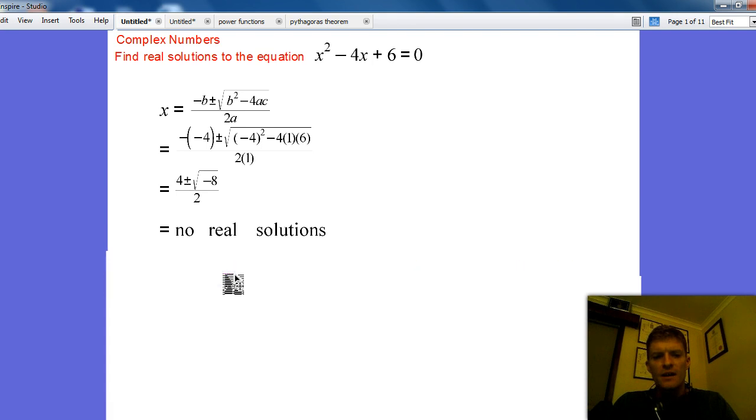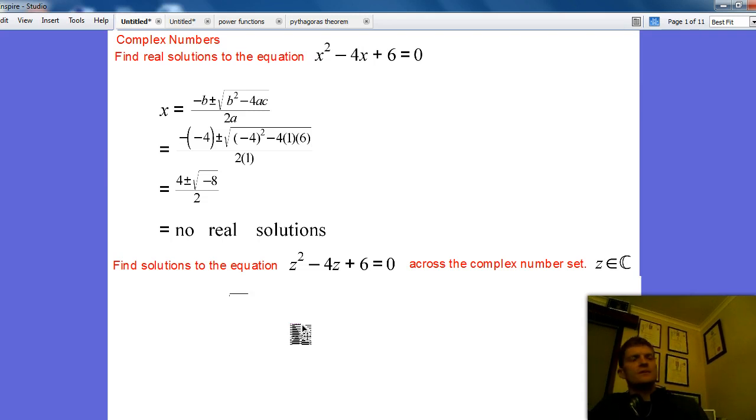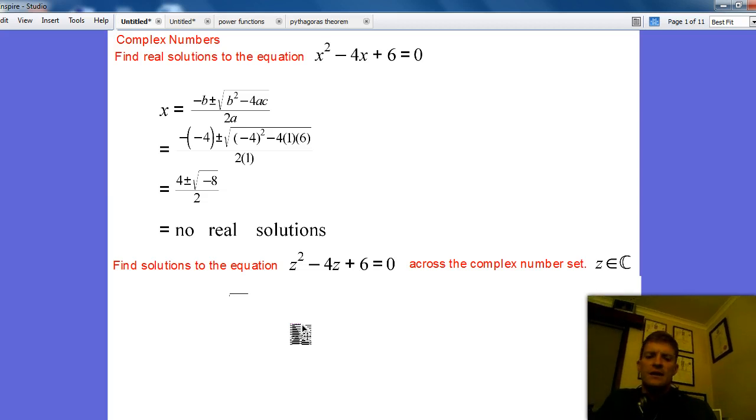So the maths doesn't have to just collapse at that point, unable to make any achievements. This is where the role of the imaginary number comes in. If we now think about the same quadratic equation, and we're going to solve it across the complex number set, this is a set of numbers that are all real numbers as well as imaginary numbers.